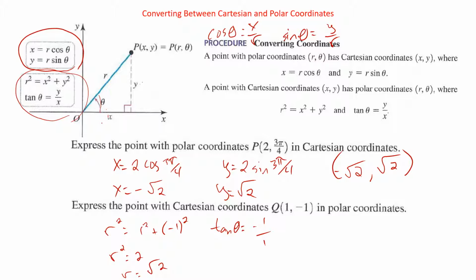Tangent is negative 1 at 3 pi over 4. So theta would equal 3 pi over 4. And so we'd have root 2 comma 3 pi over 4.